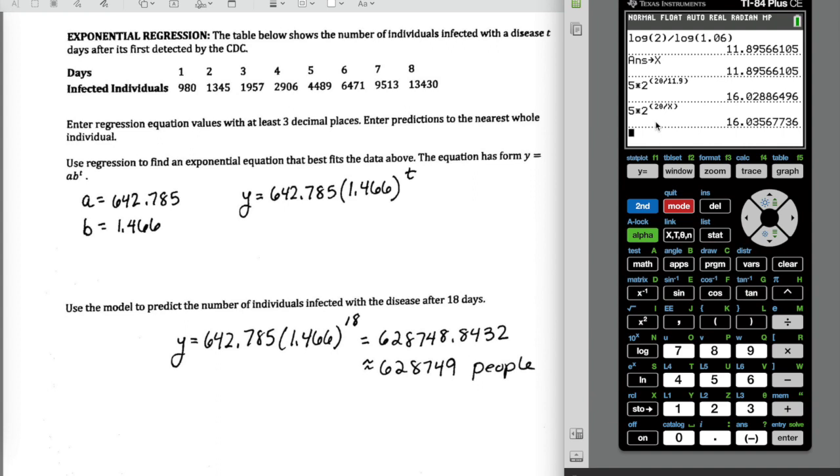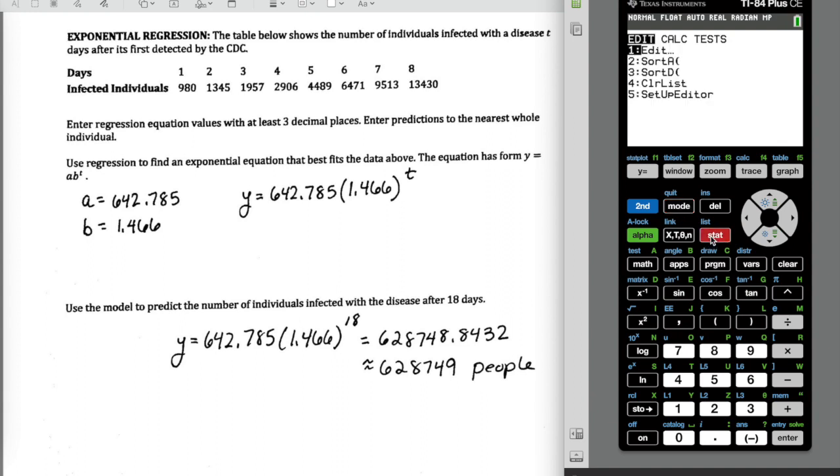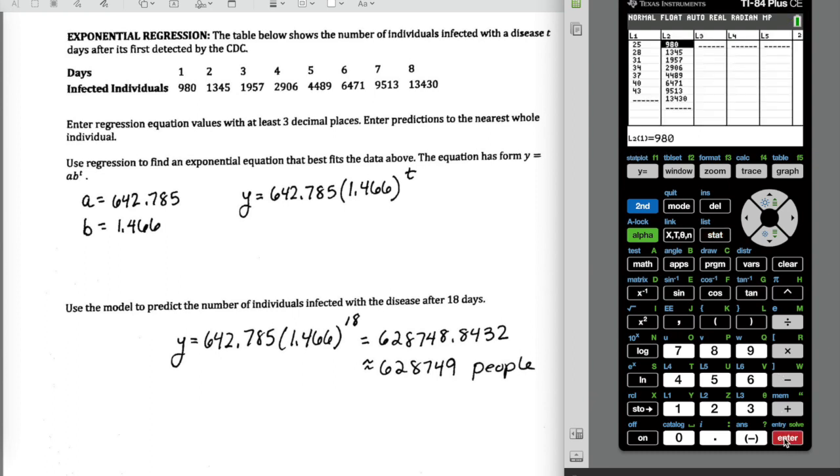So to plot our data, just like we did with linear regression, we're going to do the same thing. I'm going to hit the stat button. And to put the data in, I'm going to hit enter on edit. Now, if you have something already in there, to clear it, you're going to highlight the list that you want to clear, and then you're going to hit clear, enter, and it will clear the whole list.